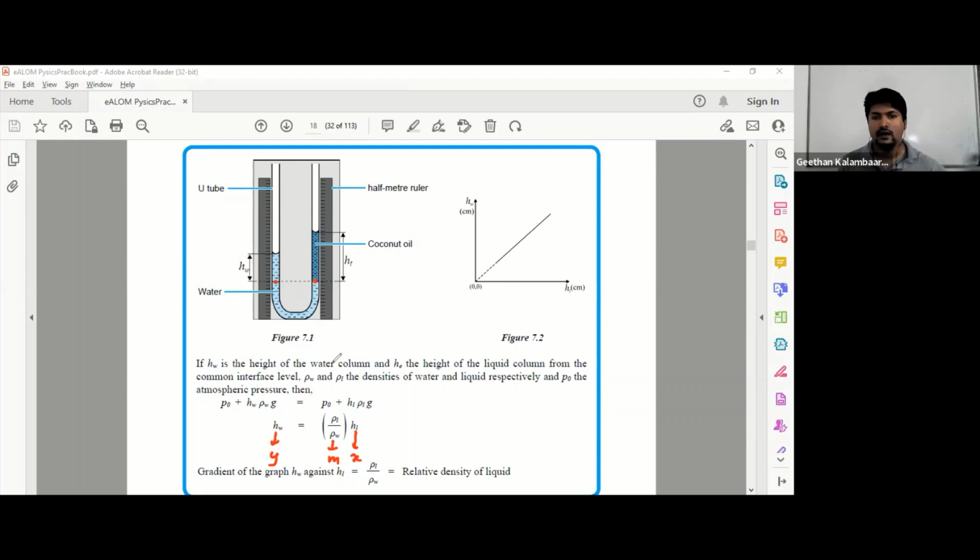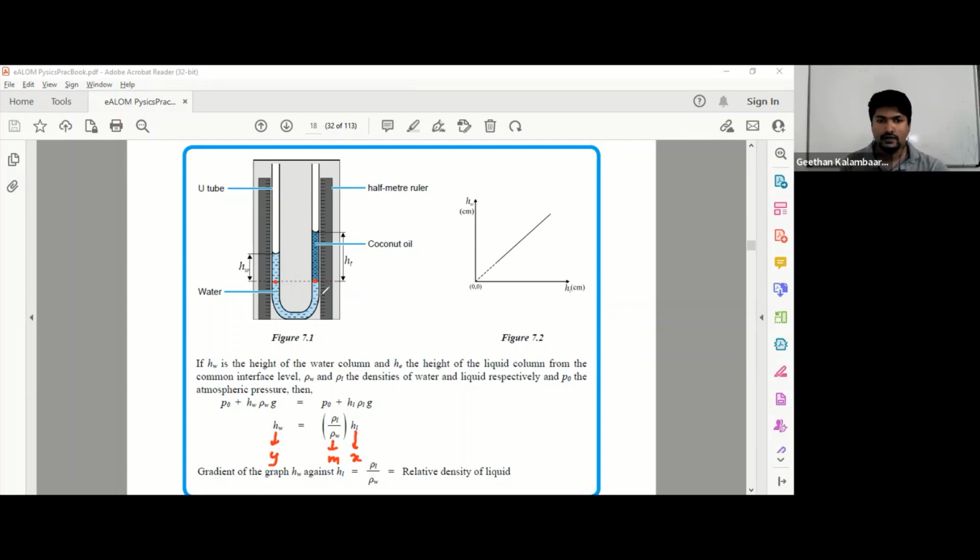In order to get different readings, you need to add coconut oil to this, not water. Someone might ask, what if we add water into this? Why would h_w not increase? Here, what we take as h_w is the height of the water above the common interface.